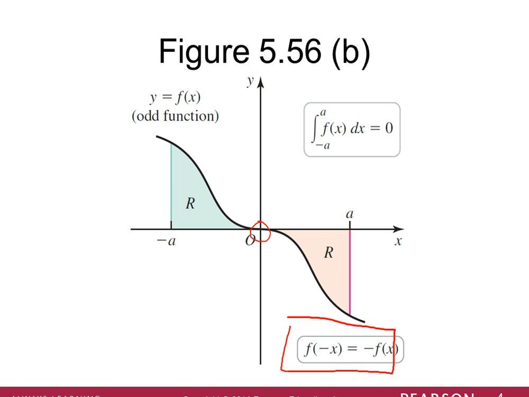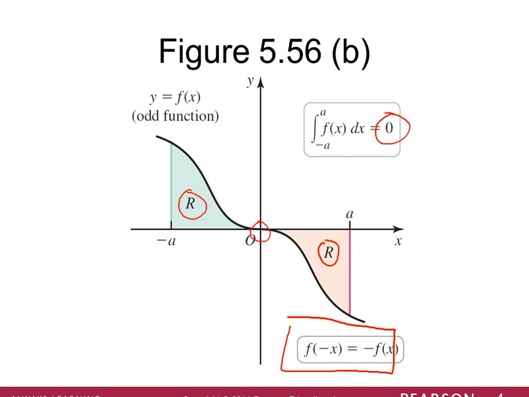So if we go up and to the left, then we go down and to the right past the origin. With odd functions, we have the same area to the left and to the right, from negative a to the origin and from the origin to a, but the difference is one region's above, one region's below. If they're the same area, one above, one below, then that integral is going to cancel out to 0.